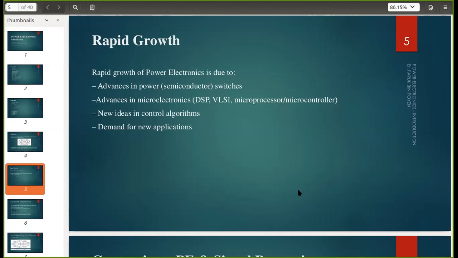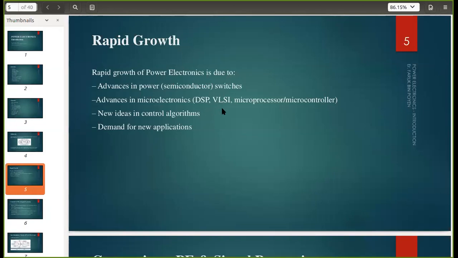And the second, there is rapid growth in the sense of advancement and development: advances in microelectronics, in DSP, that is digital signal processing. Just now I took a class on DSP, where I was telling how signals and applications benefit from the concept of DSP.